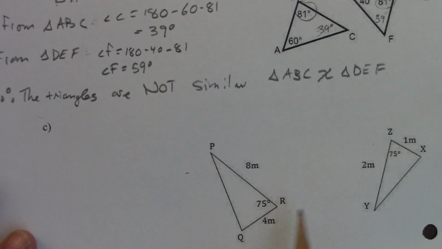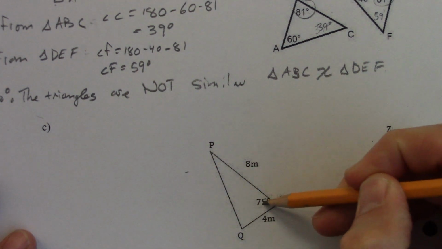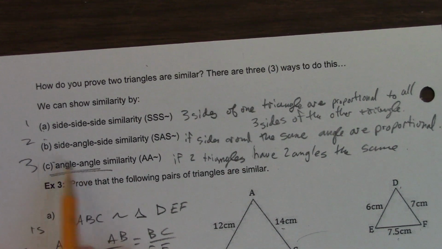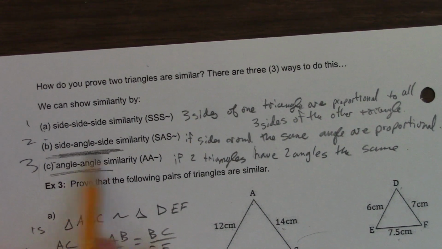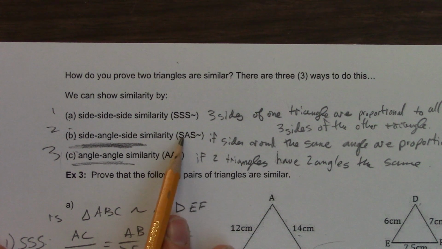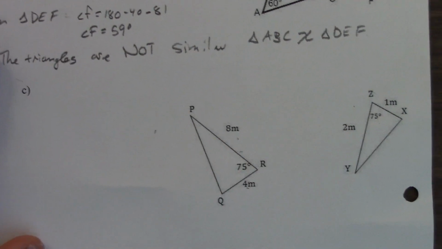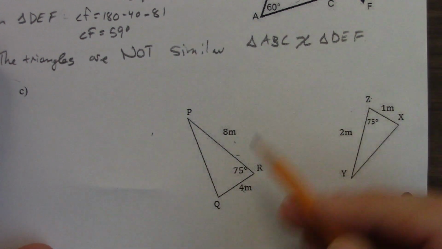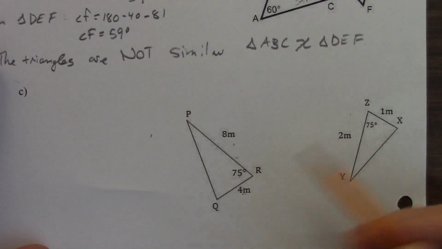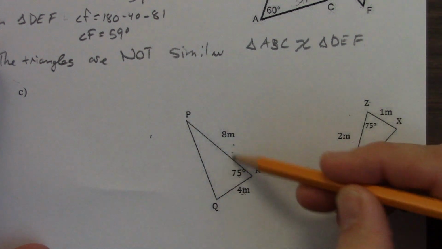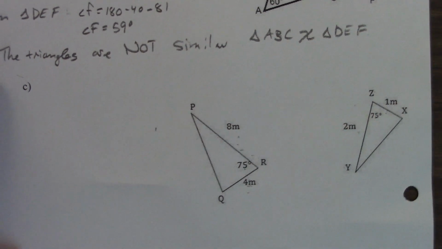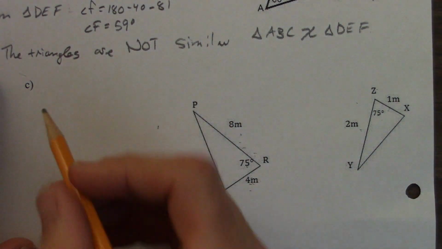All right. Last one. We can see here we have an angle trapped between two sides. So we are going to use side similarity. We're using that because we have this scenario of side, angle, side. So what we need to determine, if we have the same angle between two sides, is if those two sides are proportional, the triangles are similar.